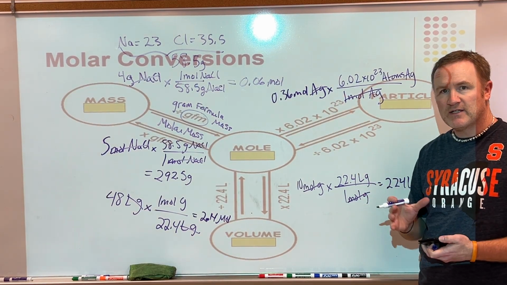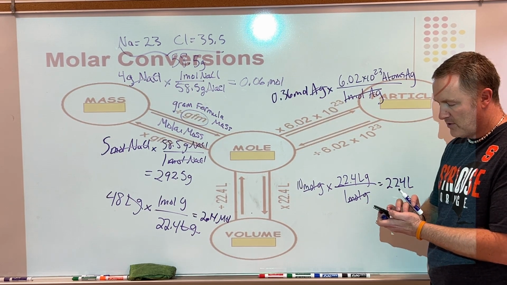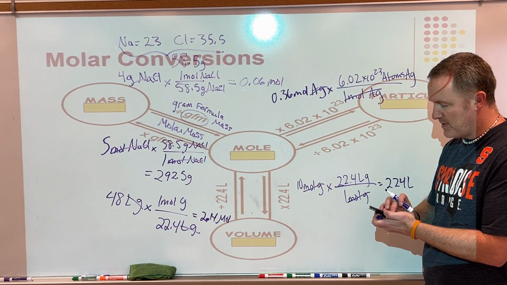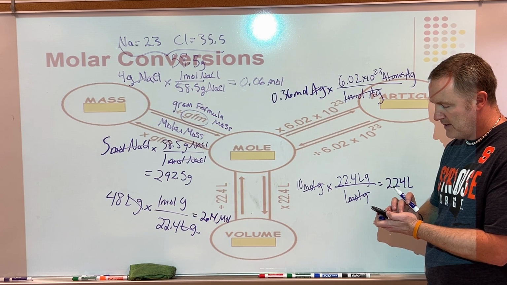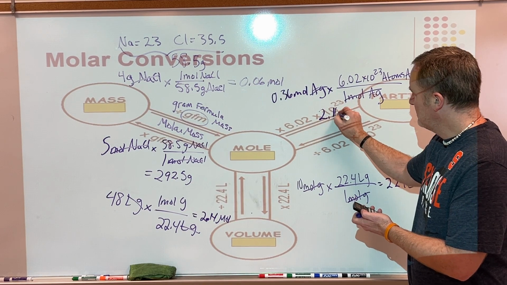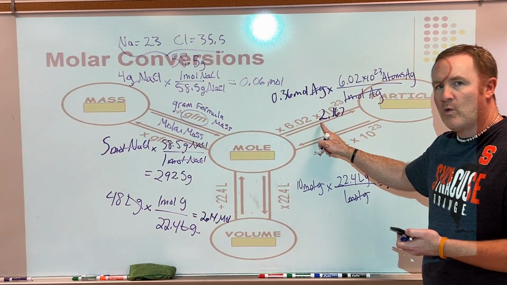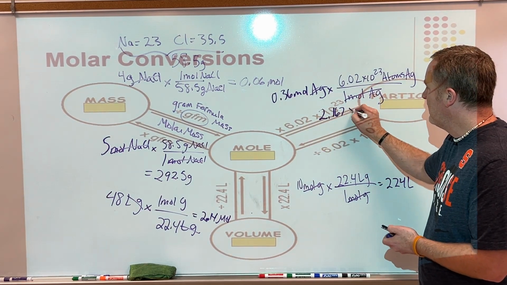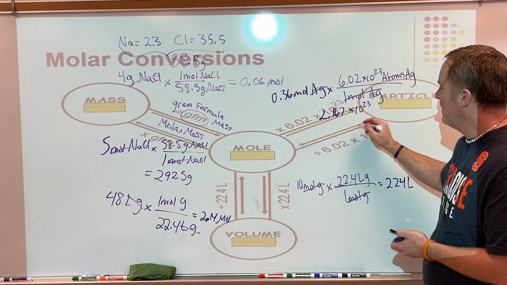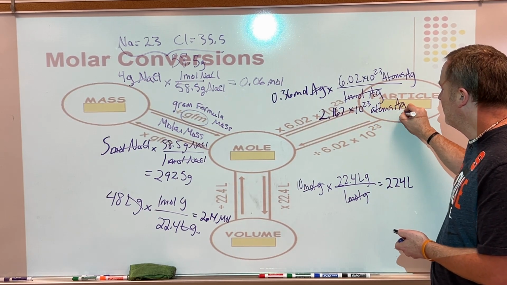Now, this is where it gets a little tricky because we have to remember scientific notation is involved. So 0.36, I'm going to multiply that by my 6.02, and I'm going to get 2.167. Now, that is already a number between 1 and 9.9, so I can leave it, and I can keep my scientific notation the same. So 2.167 times 10 to the 23rd atoms of Ag, okay?